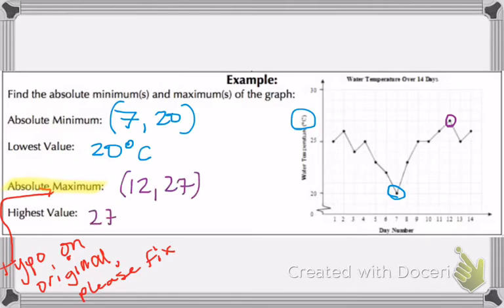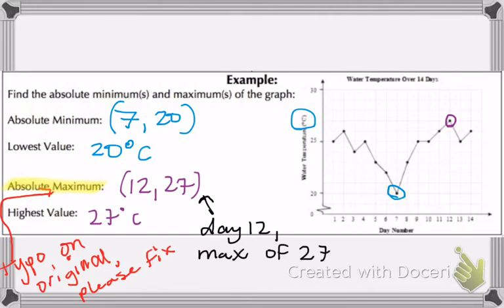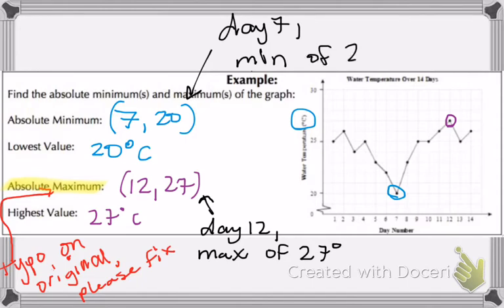And my highest value would be 27 degrees Celsius. So what these are saying here is on day 12, we had a maximum of 27 degrees. And what this one is saying is on day 7, we had a minimum of 20 degrees.